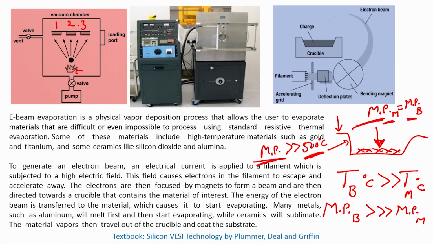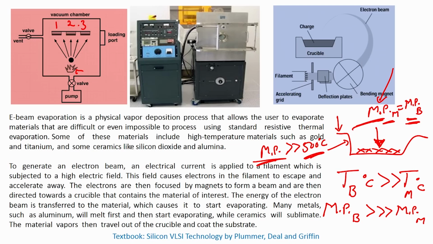In that case, I cannot use a thermal evaporator, because I cannot deposit a metal which has a melting point similar to the melting point of the boat. Otherwise, what will happen? My boat will also start evaporating. It will start melting, and instead of getting a metal, if my material is a metal, I will get an alloy.